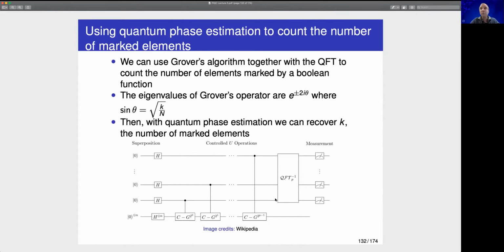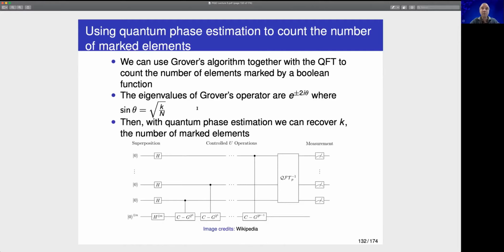So what can we do? Well, we can use this incremental method that I showed, for instance, in Aqua at the beginning of the lecture, but we can also use Grover's algorithm together with the quantum phase estimation in order to obtain an approximation of the number of marked elements, and then to use this approximation in the number of iterations that we use with Grover.